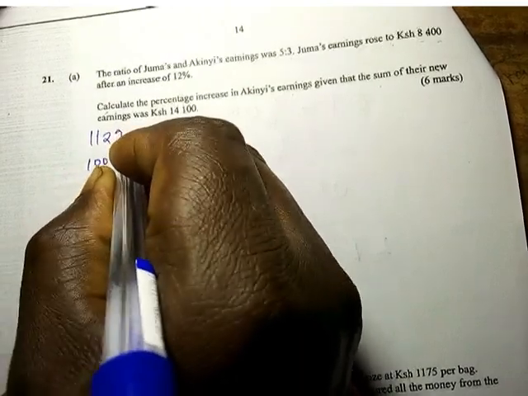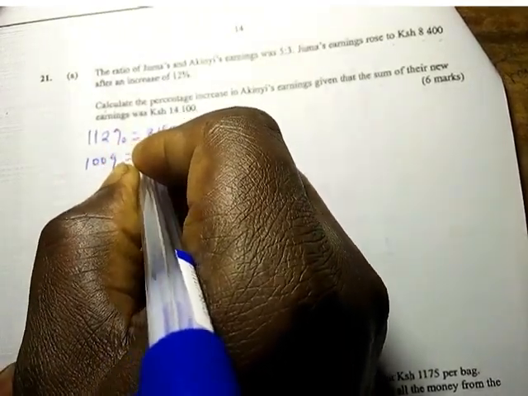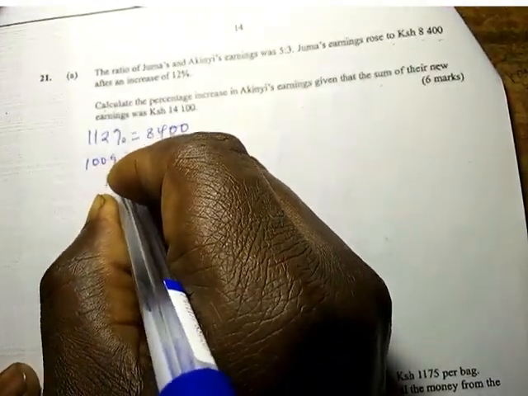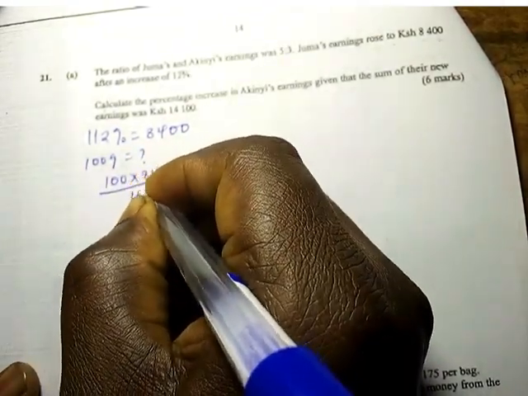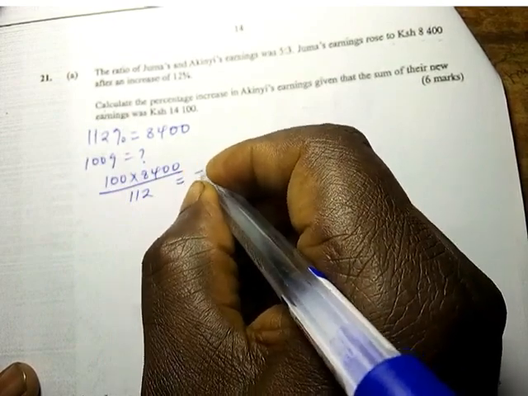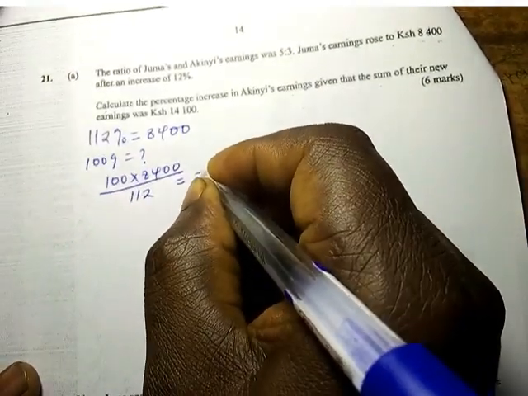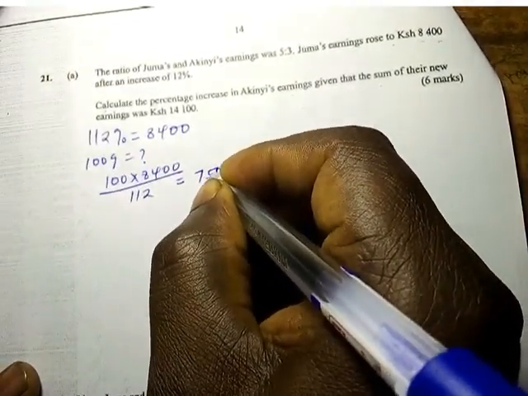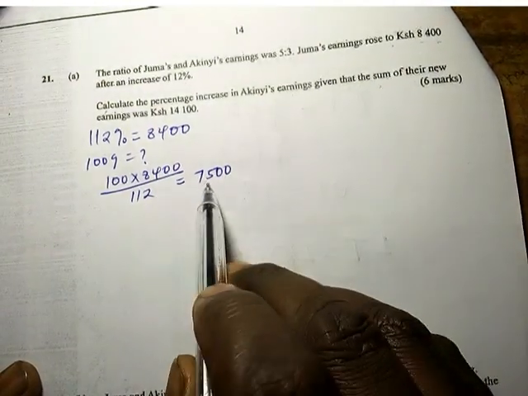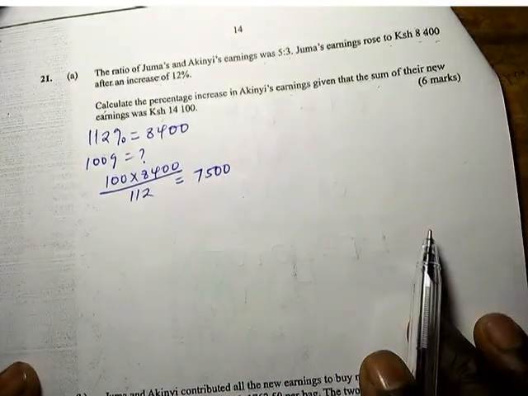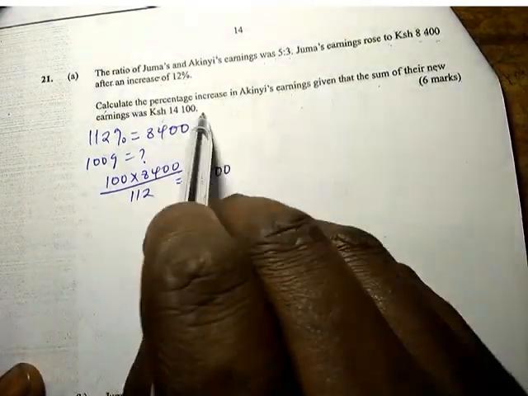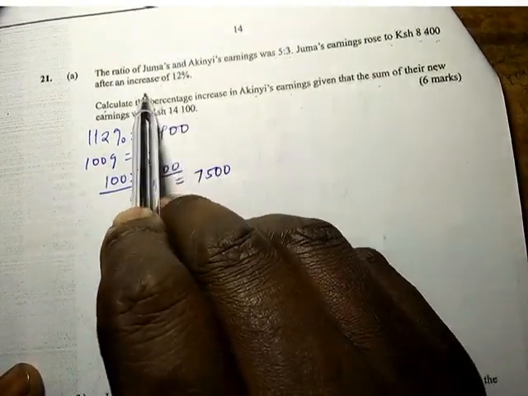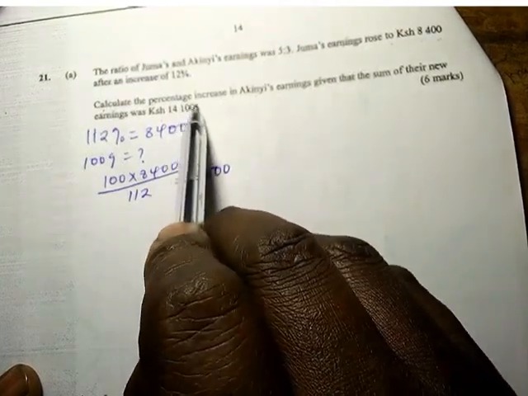100% before an increase, what is this? What was the earnings? So itakuwa 100 times 84, you divide by 112, and this one will give us 7,500. Kwa hivyo before an increase, Juma was earning 7,500, right? So now the next thing, both of them, after an increase, the total sum came to this.